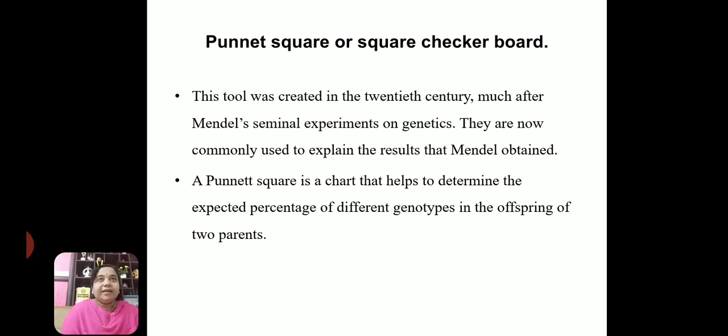To write it in a linear way, it is very difficult to identify which are the same type of genotype and which are different. So in the 20th century, much after Mendel's experiments, this tool was created, called the Punnett square. It is a chart that helps to determine the expected percentage of different genotypes in the offspring of two parents.